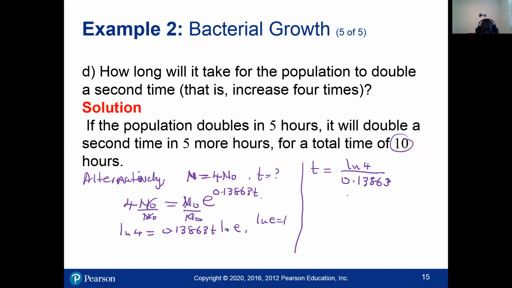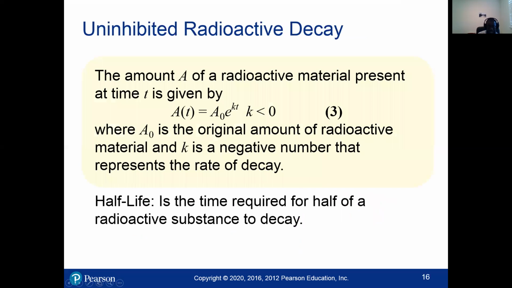Now, this is approximately 9.999 some values, which is equal to 10 hours. Okay. So that's another way you can look at it. Or you can infer, since we know for 5 hours it will double, it will double again another 5 hours.